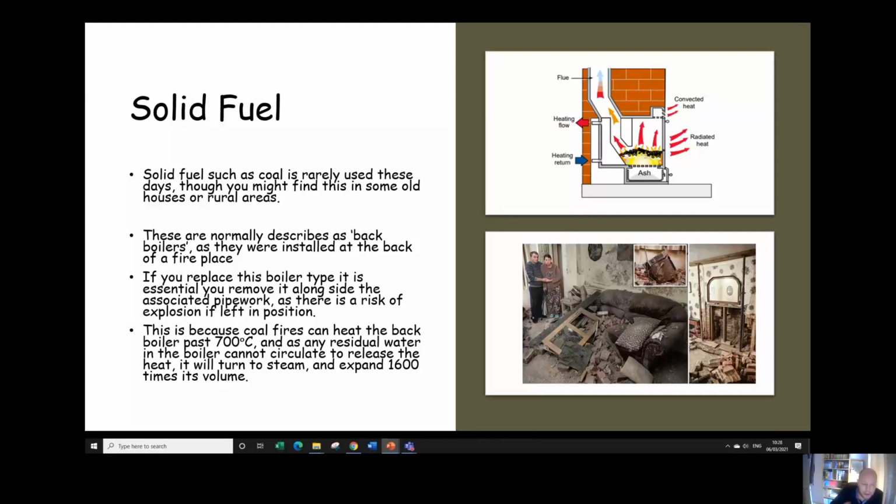When water turns to steam, it expands 1,600 times, which is a huge amount, and it can cause issues like you can see in this bottom picture down here. Someone left the back boiler in and just sealed it up. They put a fire on, and it blew up and destroyed the living room. Thankfully, they weren't in it.